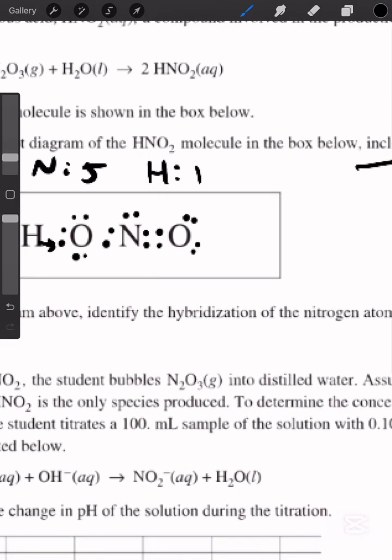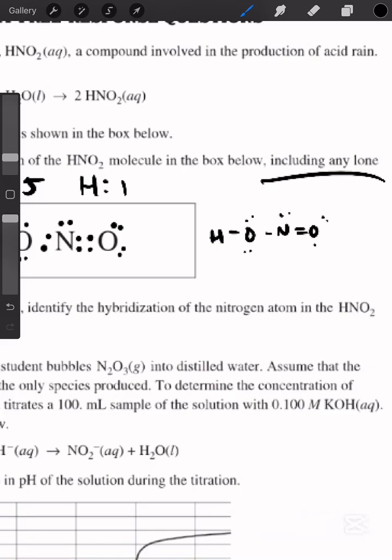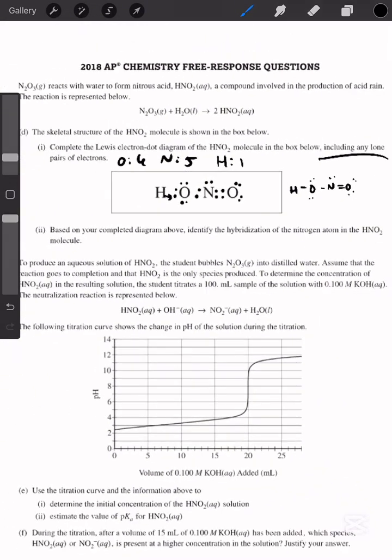H's always have one, so it can really only make single bonds. Or you can draw it with lines to represent bonds instead of dots. And then just be sure to always include the lone pairs.